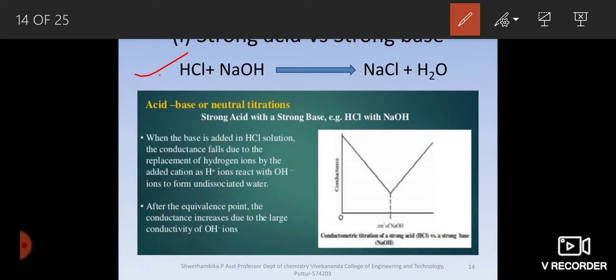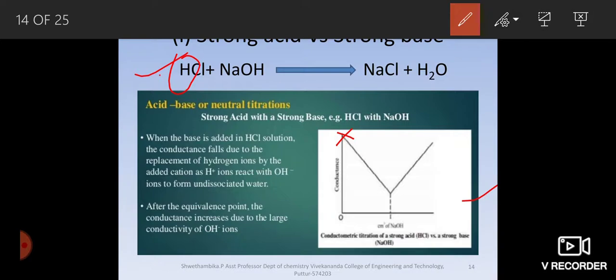Now what happens here, or how the conductance varies is shown in this particular graph. So whenever we take a graph of conductance versus volume, it has been observed that for 0th value, conductance observed is very high. That is because HCl will be having lot of H plus ions, and these H plus ions are highly mobile ions, small ions, so conductance is very high.